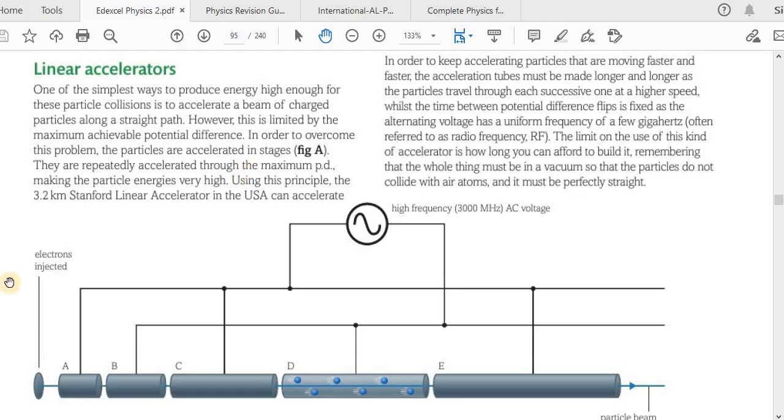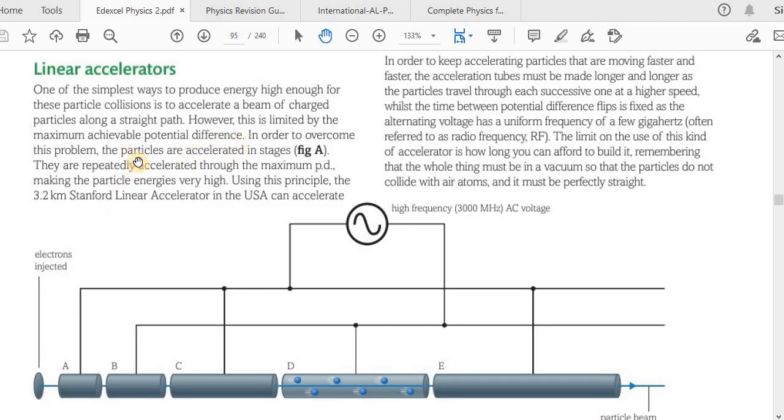If it was an electron, it's e times V. So e, the charge on an electron, is constant. However, the amount of energy depends on V. So the energy that can be given to the electron, for example, is limited to the maximum achievable potential difference.